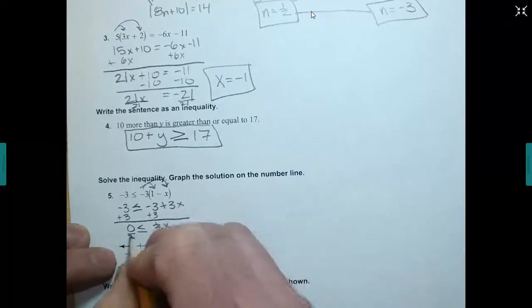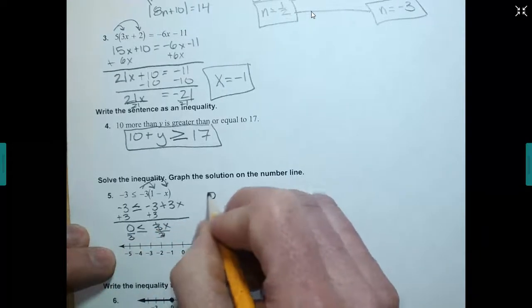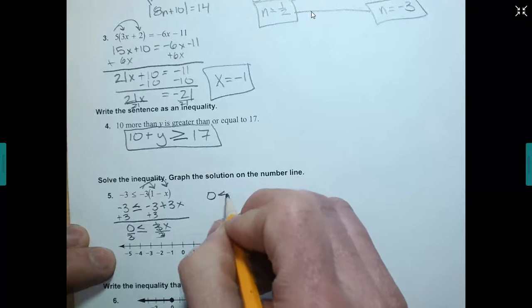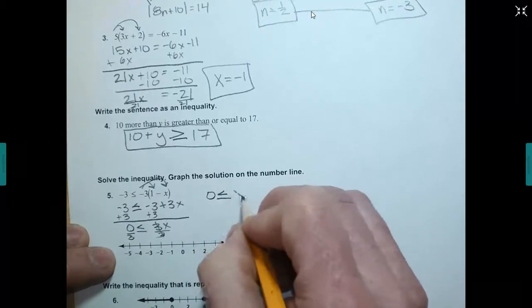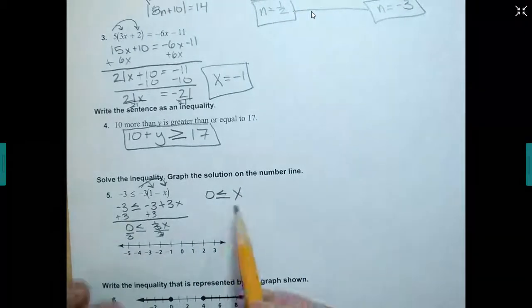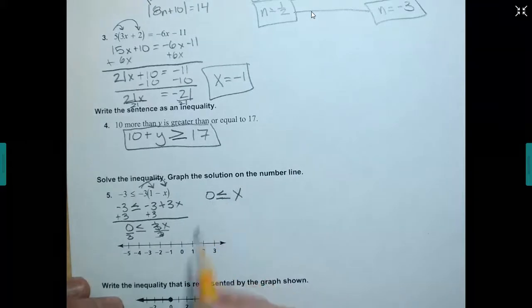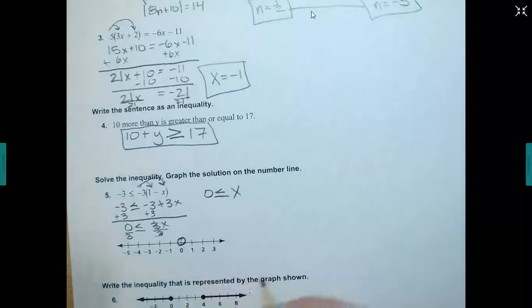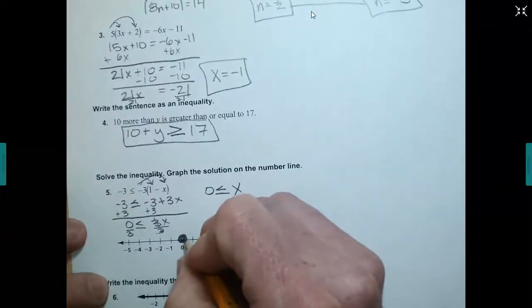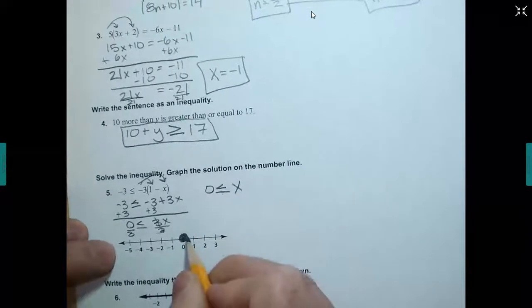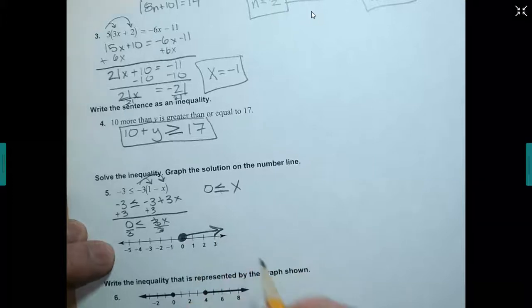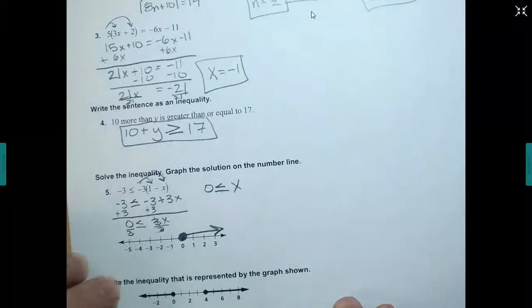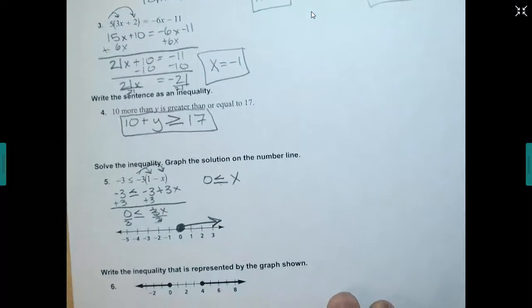So I get 0 divided by 3 is 0. It's less than or equal to x. So x is greater than or equal to 0. So I have my circle, and I fill it in because it's equal to. There it is. Okay.